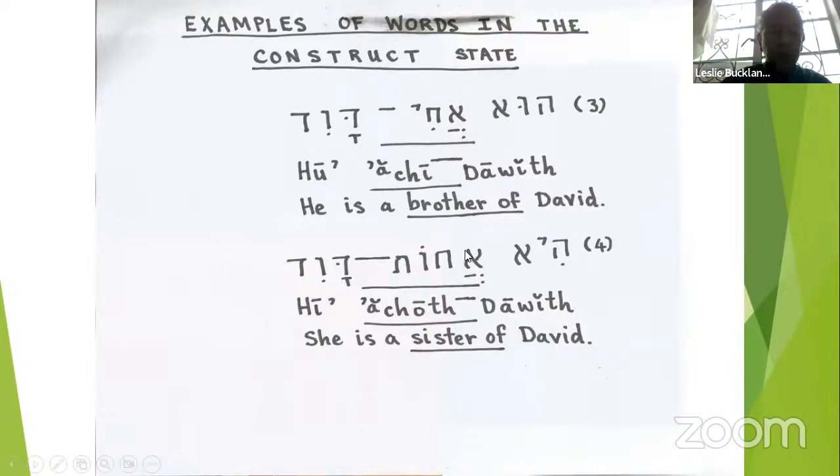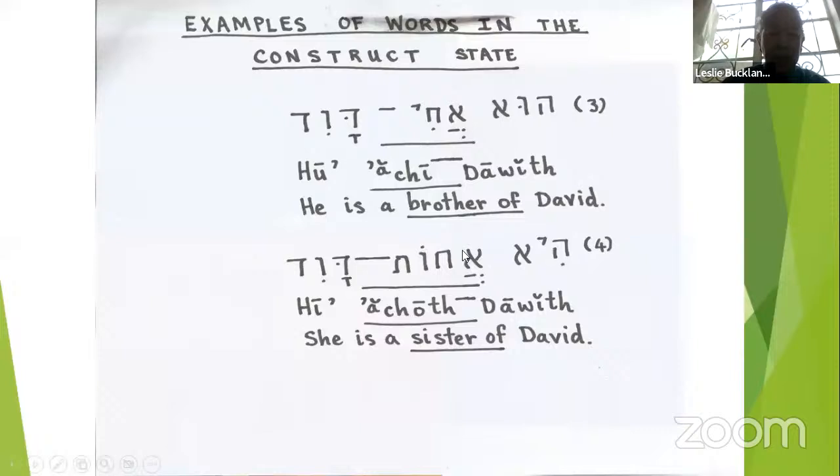So it puts achot into a different form from what was there earlier. Earlier, when the word was standing by itself, it had a kamets, an ah, but now it simply has a short a, because we're hurrying from achot to get to David, where the accent has been moved.